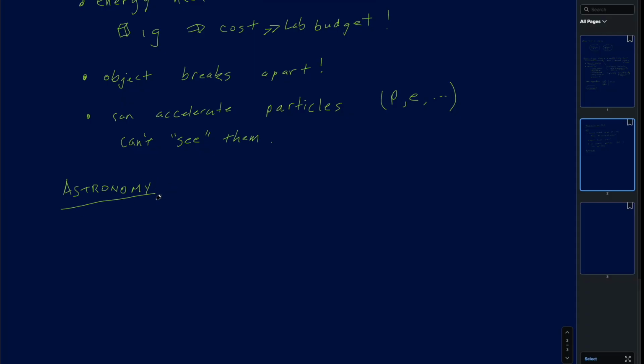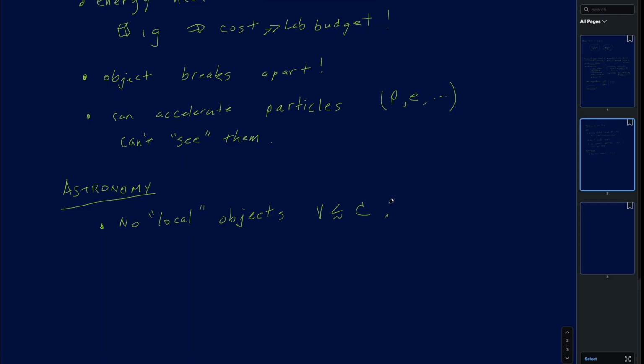In astronomy, there are no local objects, I'll explain what I mean by local, with velocity comparable to the speed of light.